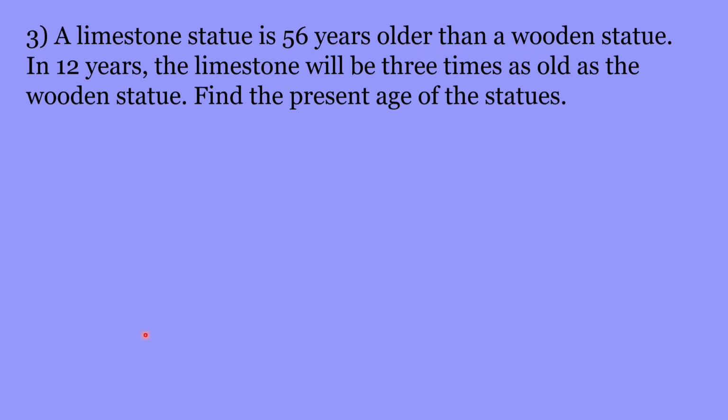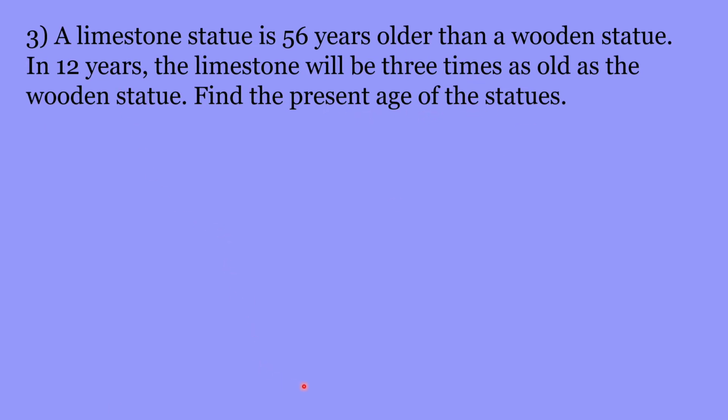So that means the limestone here is the one that has a higher age. Okay? Now, there's another time frame. In 12 years. So, 12 years from now, 12 years hence, that's the meaning of in 12 years. The limestone will be 3 times as old as the wooden statue. Find the present age of the statues.